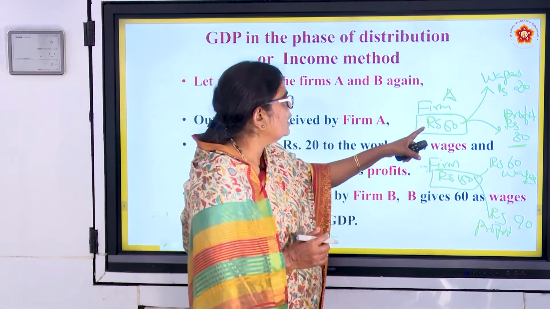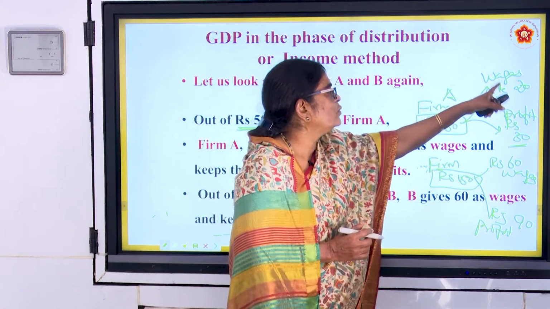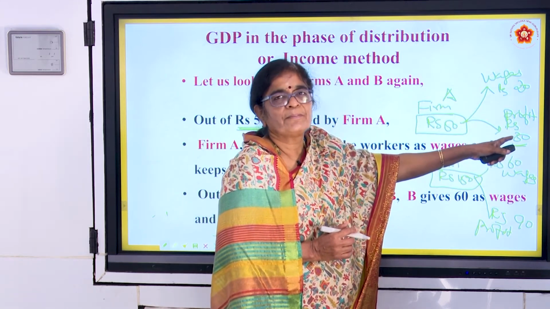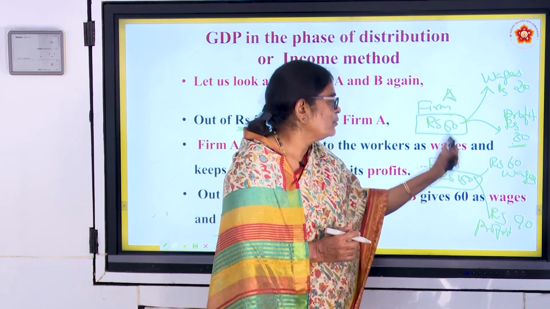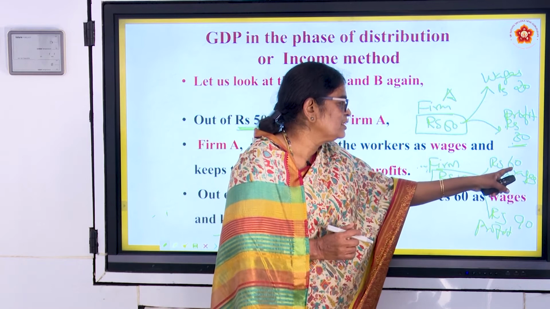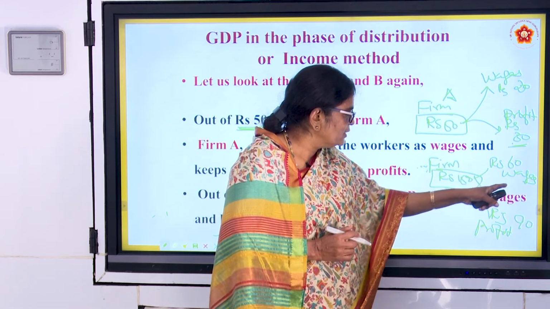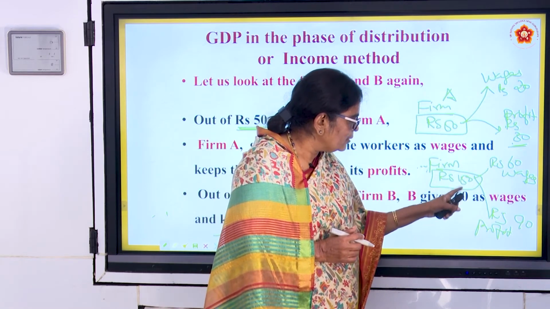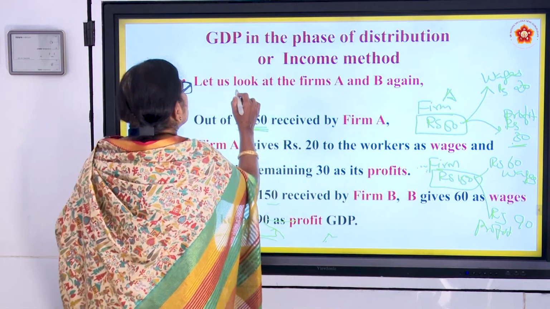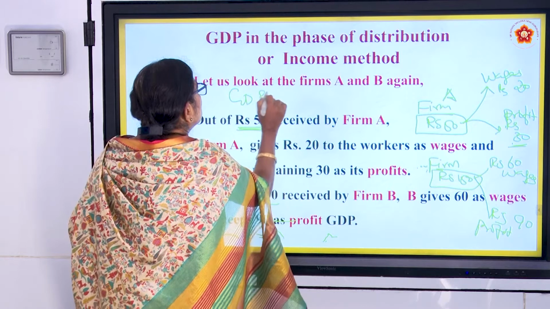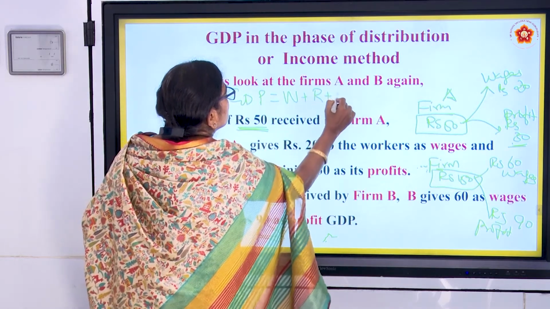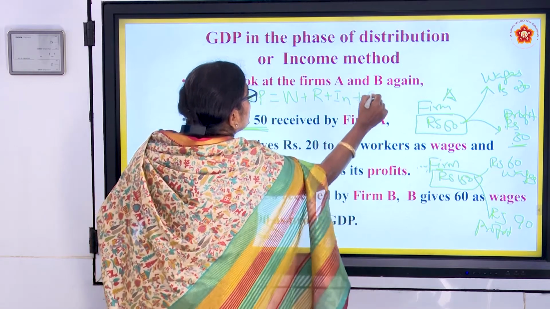What is the distribution? Out of the earned rupees 50, 20 is given as wages and 30 is given as profit. And out of rupees 150, 60 is given as wages and 90 is given as profit. But what is the income method? Income method GDP is wages plus rent plus interest plus profit.